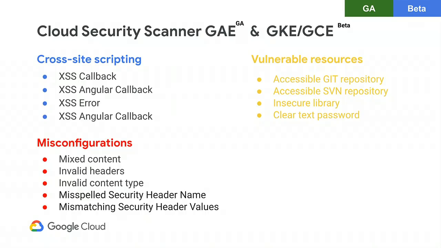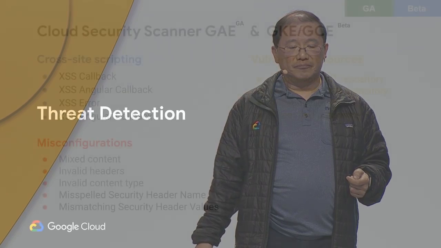One of the key things here is that this allows you at an application level to scan individual applications which are publicly facing, find out what those web vulnerabilities are, and then see that holistically in the Cloud Security Command Center. The underlying technology is also what we use internally at Google for all of our applications before they're made public, so that we can find things like cross-site scripting and these types of issues.